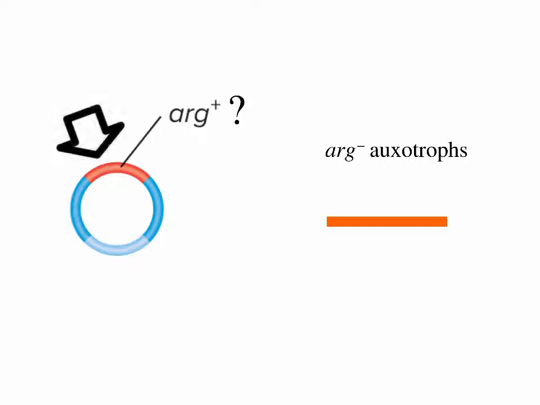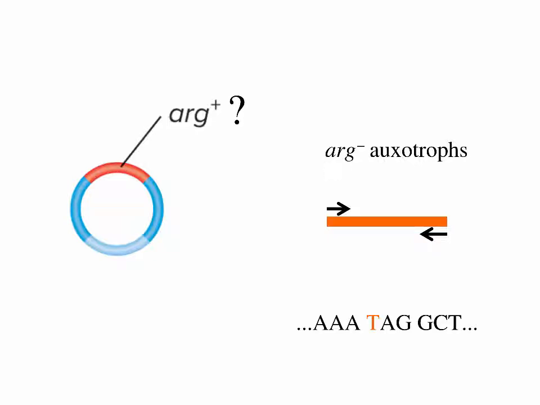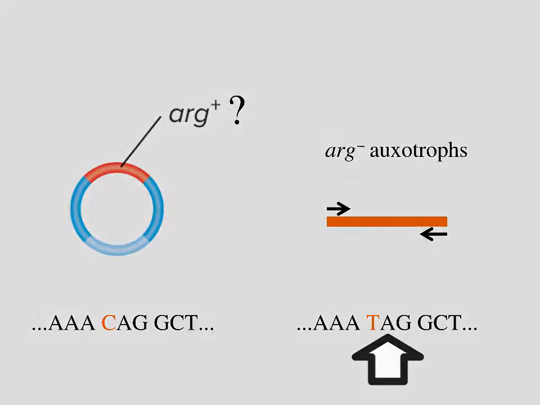First, you sequence the gene in the plasmid that rescues the auxotroph's mutant phenotype. Next, you use this sequence to design PCR primers that will amplify the corresponding gene from the genomic DNA of the auxotrophs. Finally, after you perform PCR, you sequence the amplification product and compare it to the base pair sequence of the wild-type gene in the plasmid. A nonsense mutation, for example, is likely to block gene function.